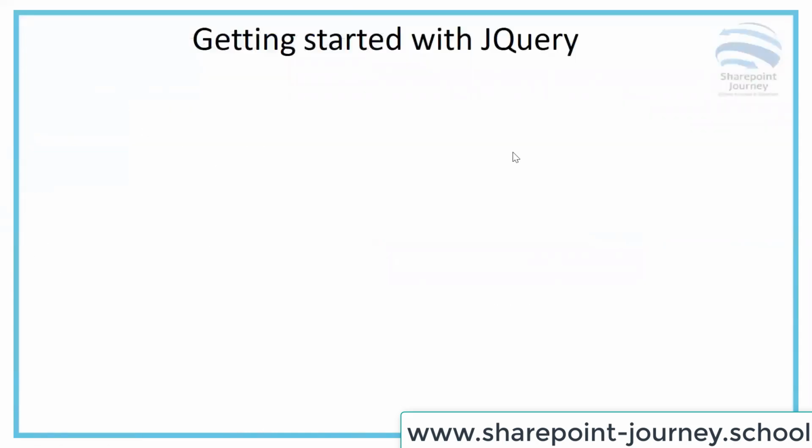So what are the ways to get started with jQuery? The first thing I would do, if I wanted to learn jQuery, is go to jQuery.com. This is the first thing that I'm going to do. Okay, let's go there.